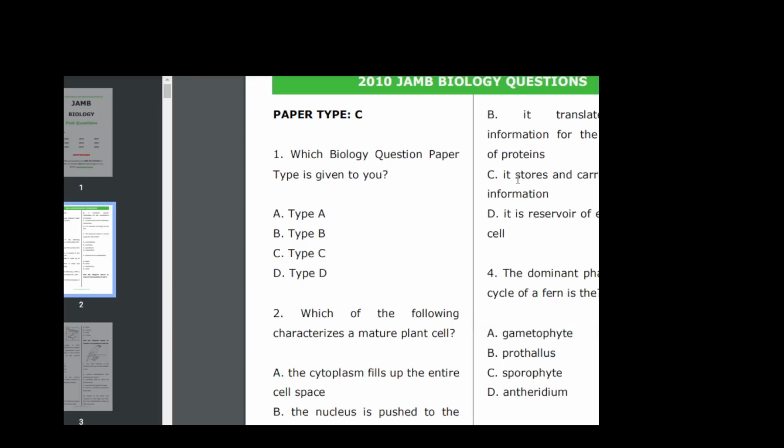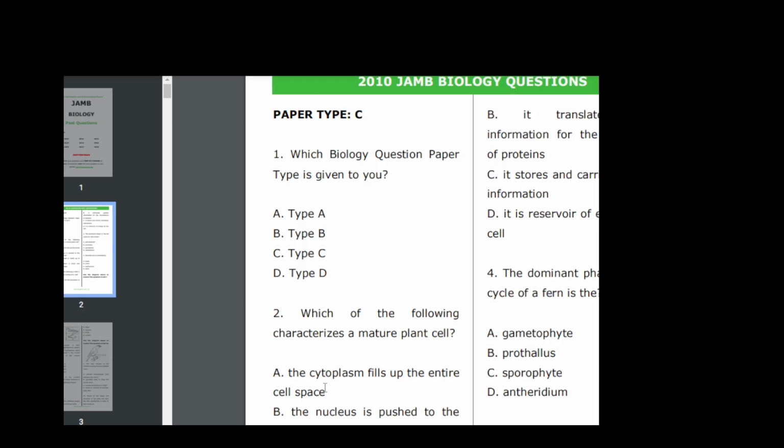Are we together? Then it says it stores and carries hereditary information. Yes, it is also the function of the nucleus to carry hereditary information, because everything that every organism has, it has inherited from its parents. When we talk about reproduction, we have cells passing on some particular traits from the parents to the offspring.